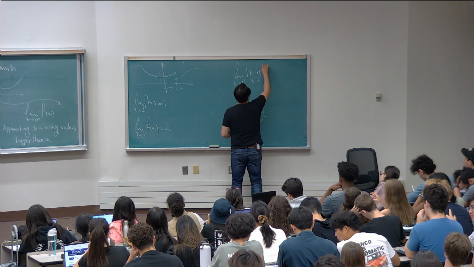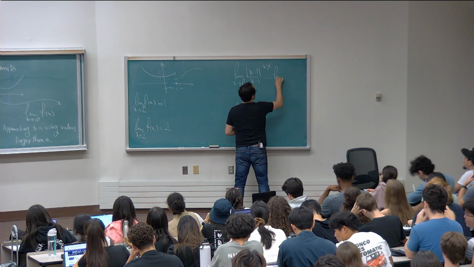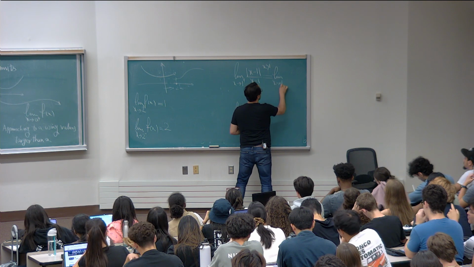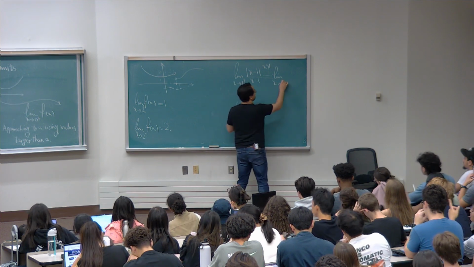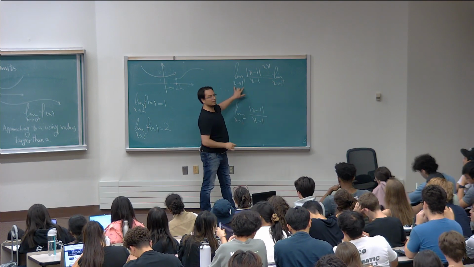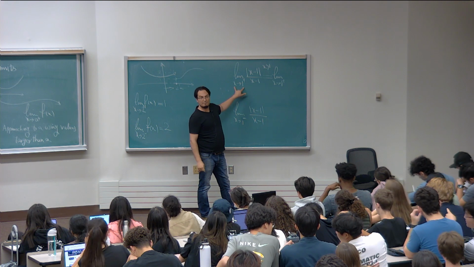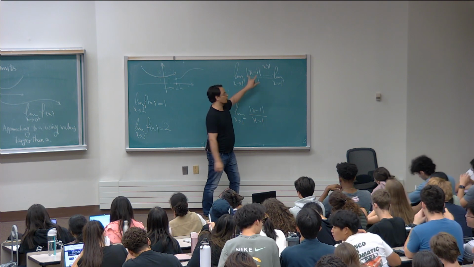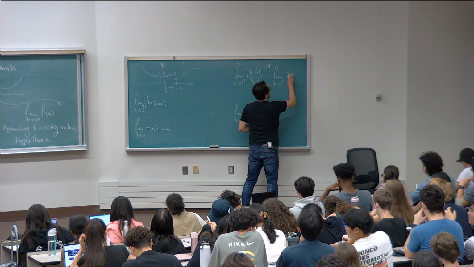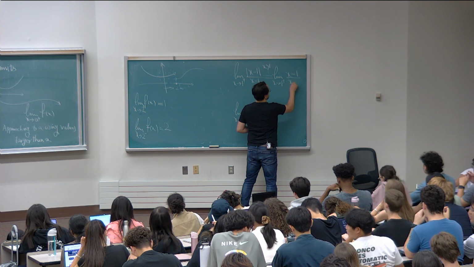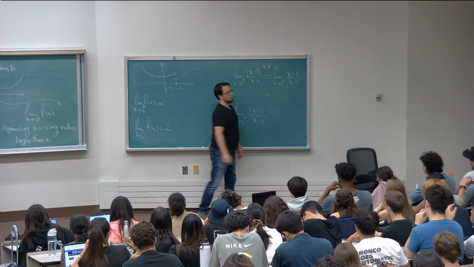So here, x is bigger than 1, so I'm not evaluating the limit yet. I'm just looking at the restriction given by the limit and rewriting my formula. So x minus 1 over x minus 1. Okay?